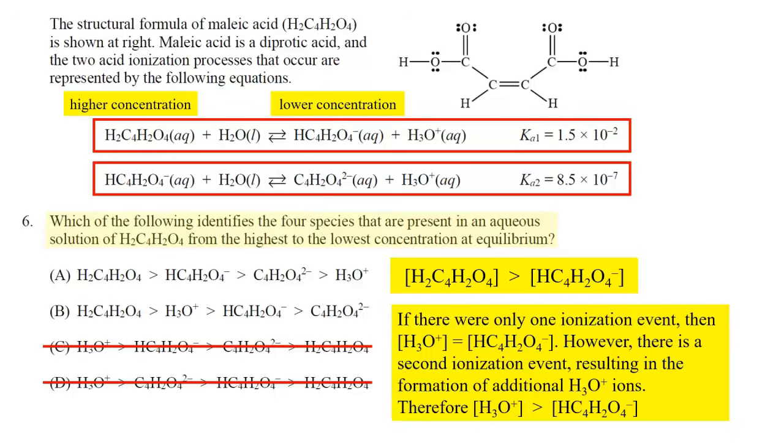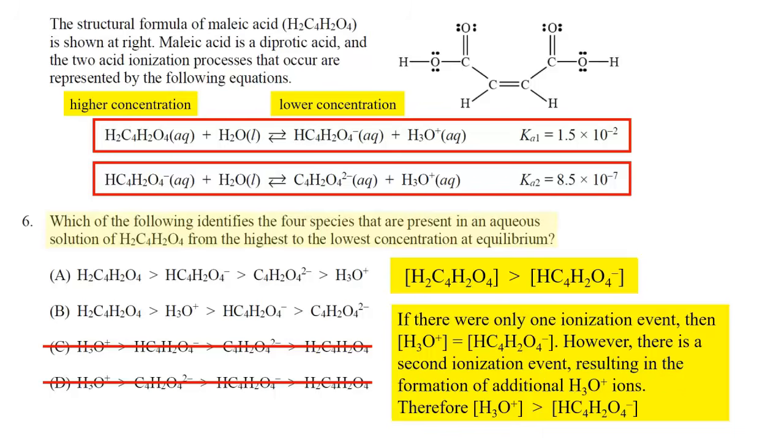If there were only one ionization event, then we could conclude that the concentration of the hydronium ion would be equal to the concentration of that conjugate base, HC4H2O4-. However, as we can see, there is a second ionization event, and that results in the formation of additional hydronium ions.